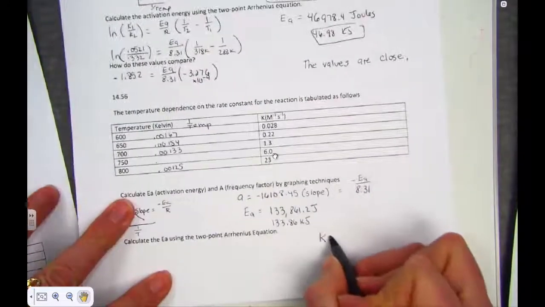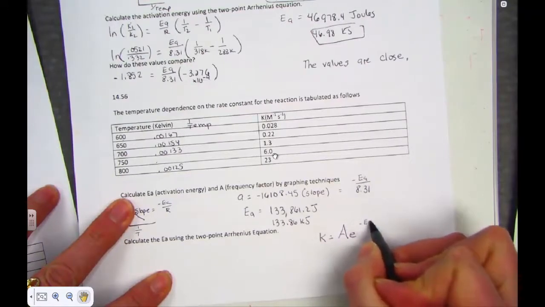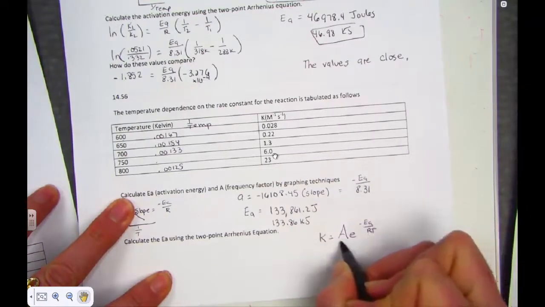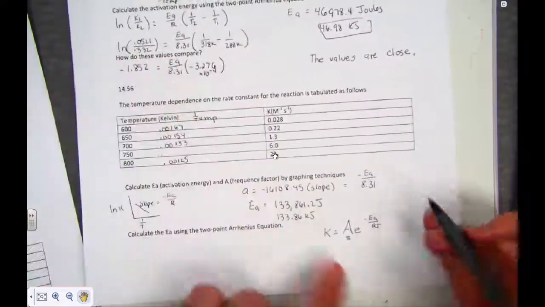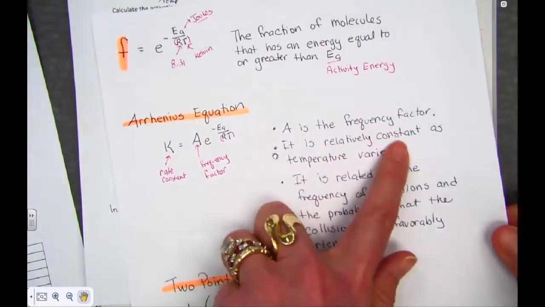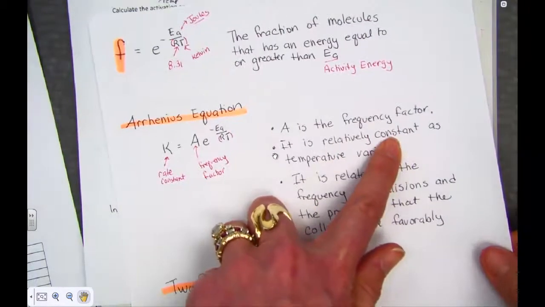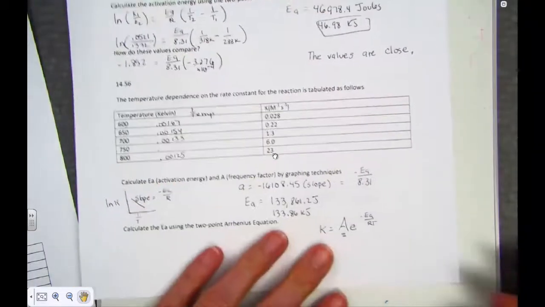We take a K constant, K equals A e raised to the negative EA over RT. This is what we're trying to solve for. So we have a choice. It wouldn't matter. These frequency factors are indeed relatively constant. You might find a slight variance between any of the trials, but not significant.